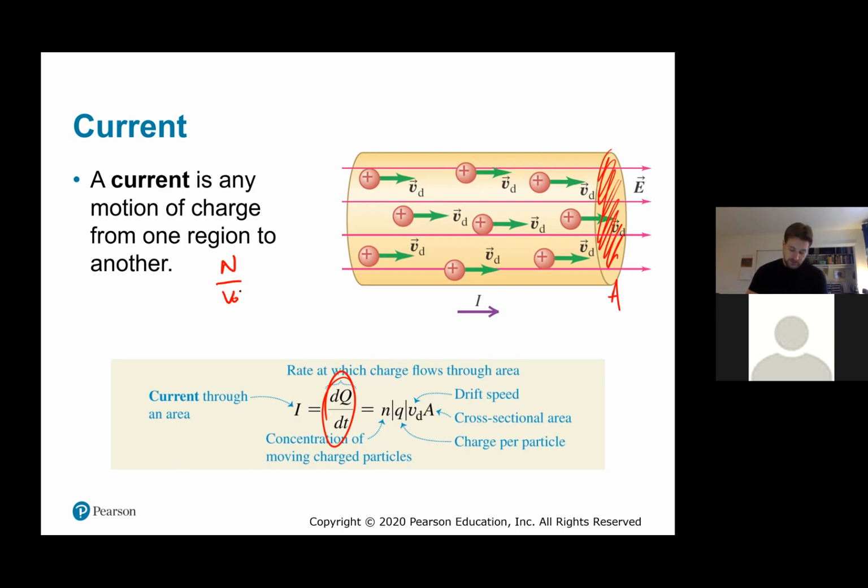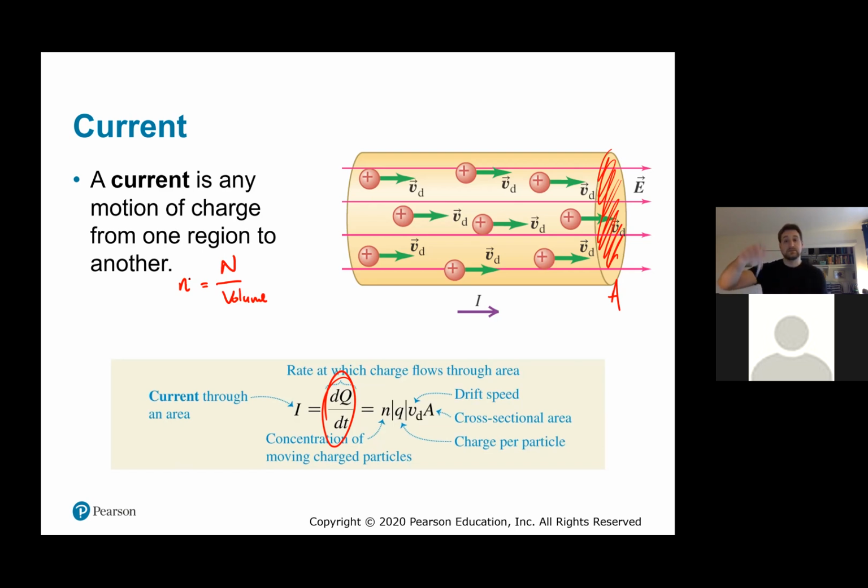They occupy a volume. So what is their concentration? Lowercase n. How many charged particles per volume? Volumetric population density of charged particles.